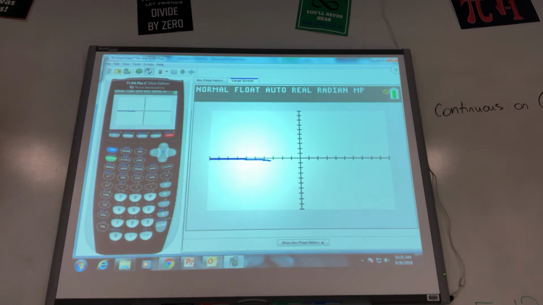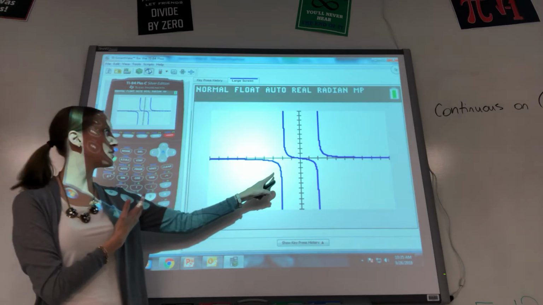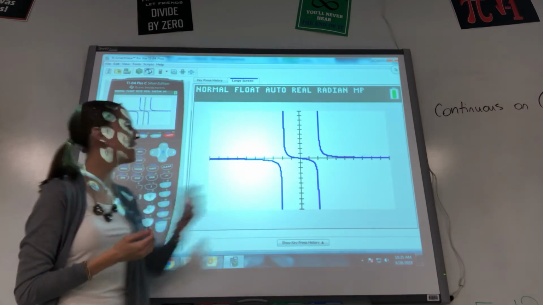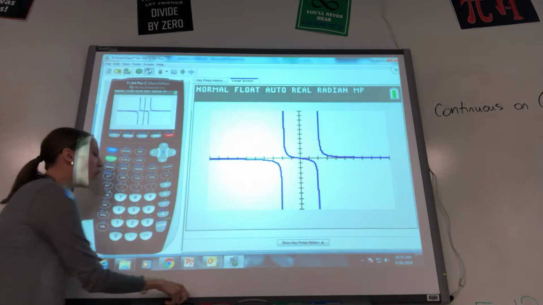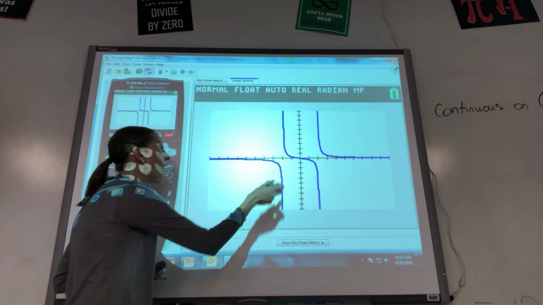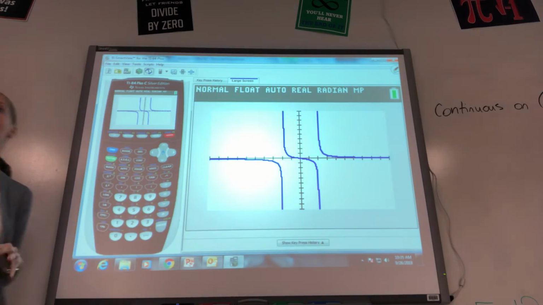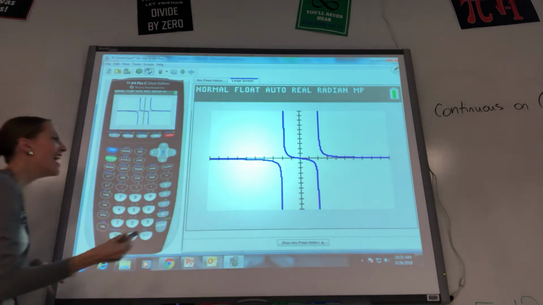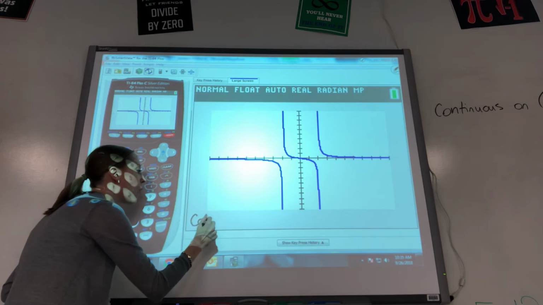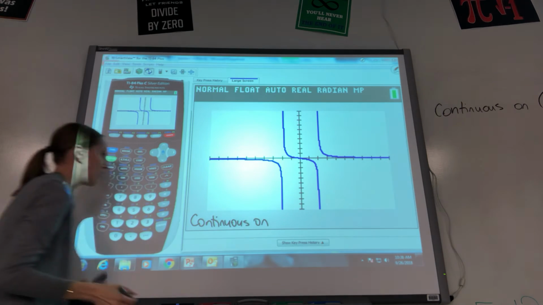Now, we already know where the discontinuities are. -2, there's a vertical asymptote, and +2. So, because I'm not allowed to just say non-removable discontinuity at -2 and +2, that's not what the directions said. The directions want us to give intervals.